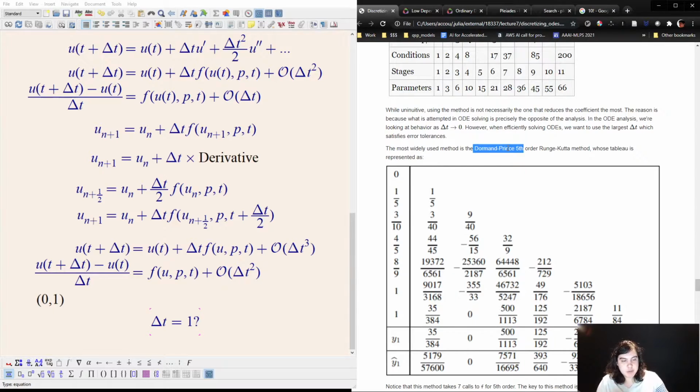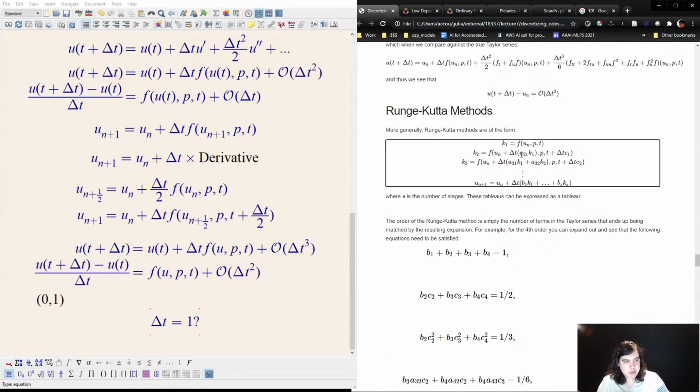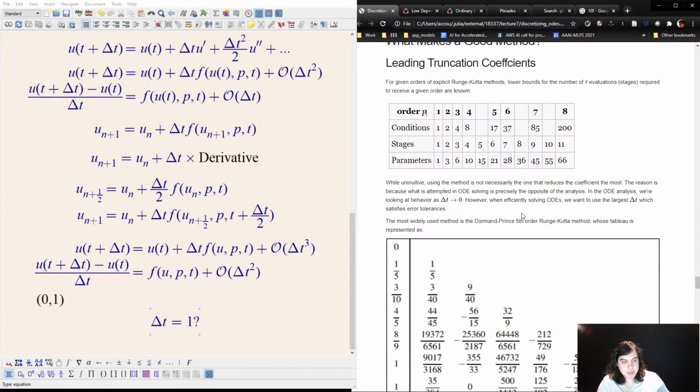It is a tableau where this is your A, this is your B, this is your C, right? Where you basically use this method where it says what your A should be inside of a matrix, right? What your C is going to be how much you move forward in time, and then the bottom row calculates how you do this combination, right?